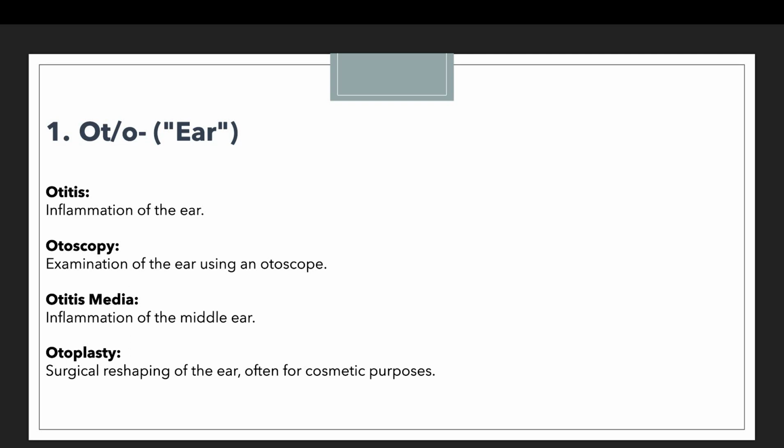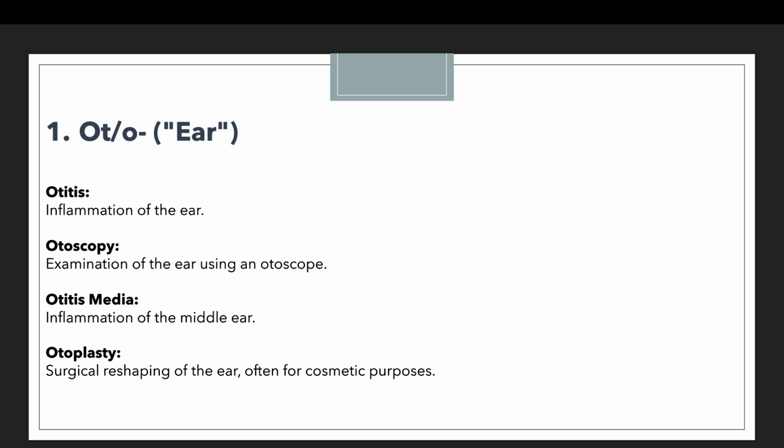Likewise, the third example is otitis media. Otitis media means inflammation of the middle ear. Here you can compare the first example and the third example. The first is only otitis, which is inflammation of the ear, and the third one is otitis media, which is inflammation of the middle ear.